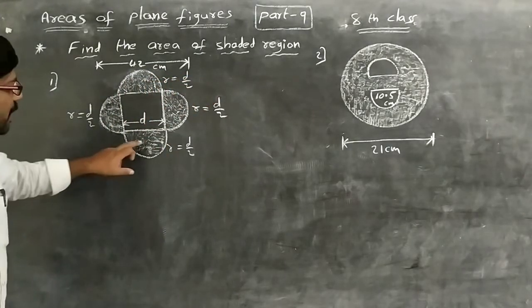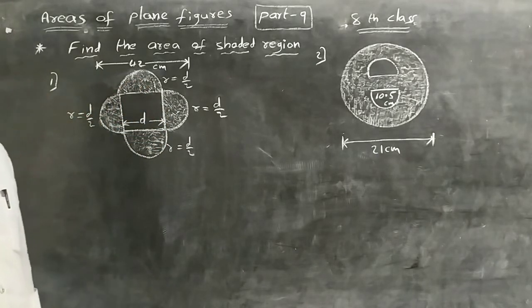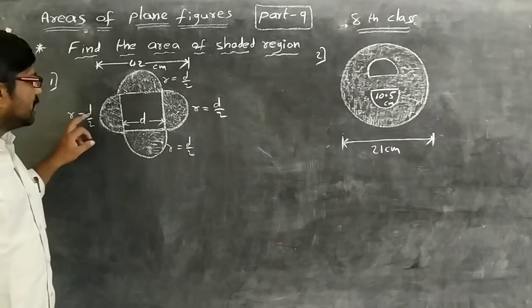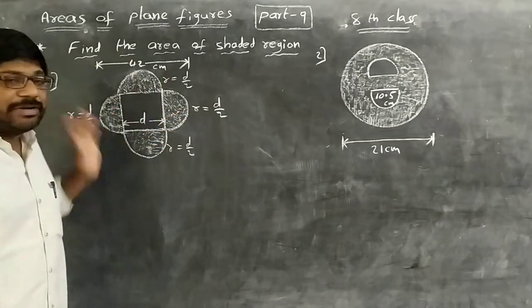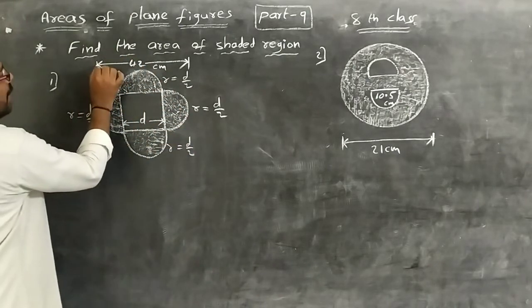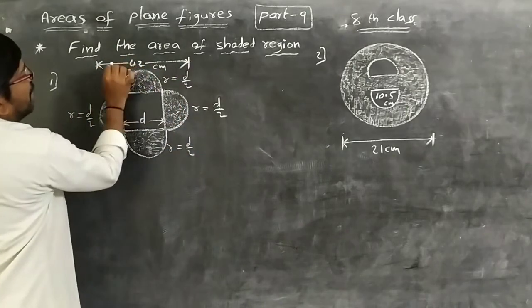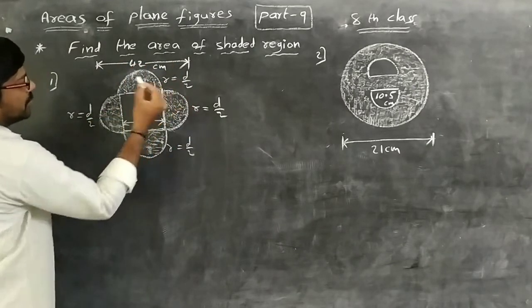So observe carefully. These four semicircles are congruent semicircles, because these four semicircles have the same radii, that is d by 2. In this problem, the total length from here to here is 42 centimeters.